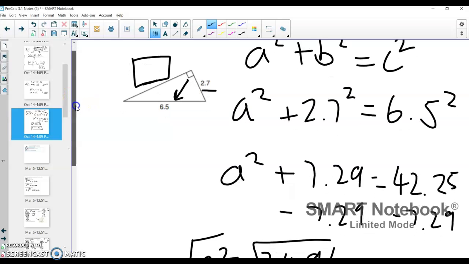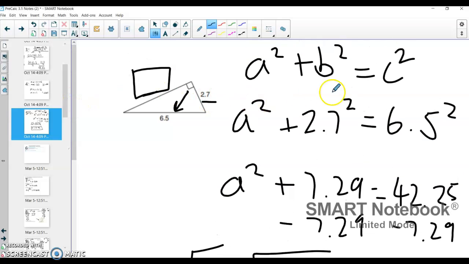The only other variation that you'll see is that here we were given a hypotenuse and a leg. In some cases, you're going to be given two legs and you're going to be asked to solve for the hypotenuse. So always start with this original equation, plug in what you're given, and solve for the missing variable. Okay? Again, these are the four examples that I saw the most people say they wanted help on. If you have other problems that you want additional help on, just let me know by shooting me an email.